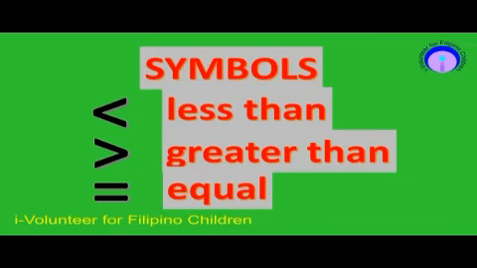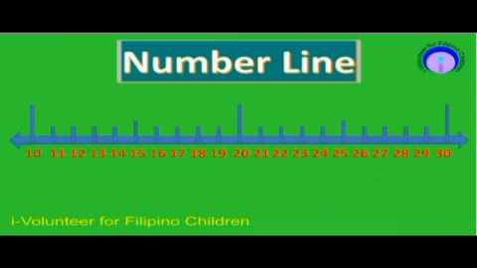Sa mathematics, maraming symbols na ating pwedeng gamitin to represent some English words. For example, this is the less than sign. Ang ibig sabihin, yung unang number ay mas maliit kaysa sa pangalawang number. Let's take, for example, 15 and then 20.